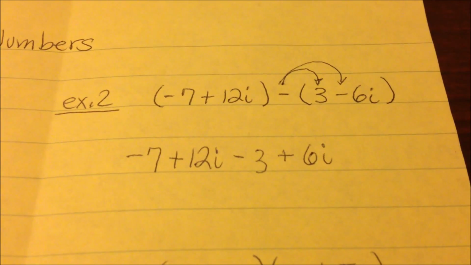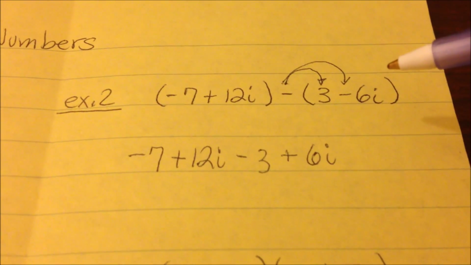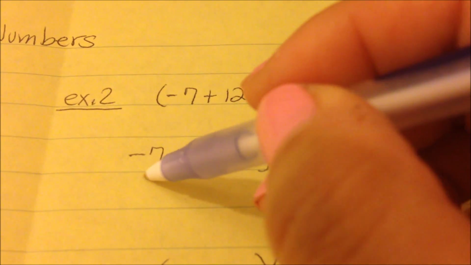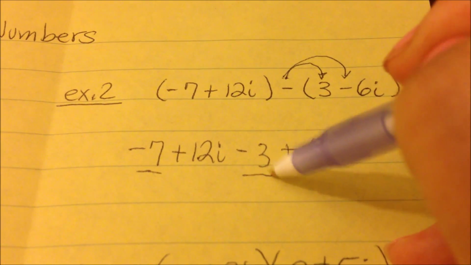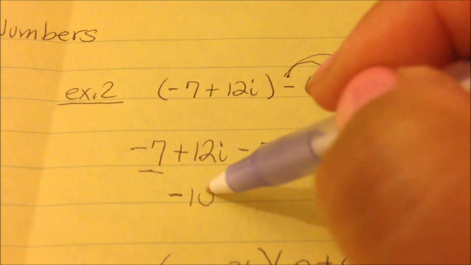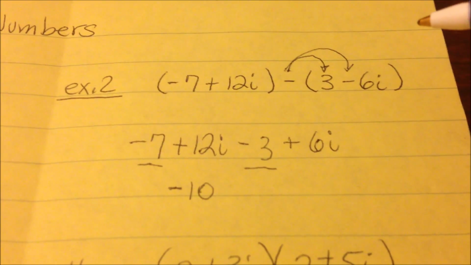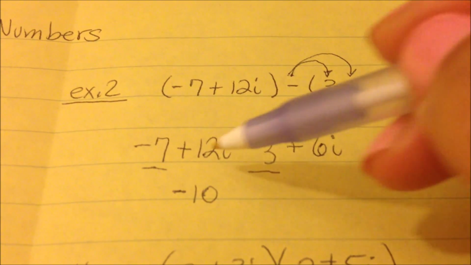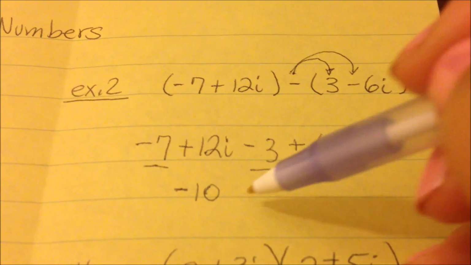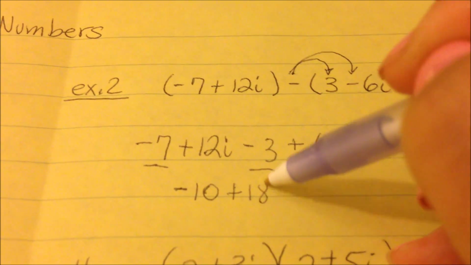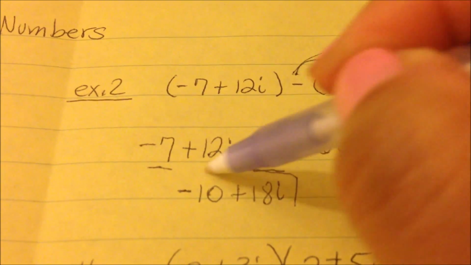Okay, so now from here, I drop all my parentheses so I can combine my terms. I'm going to combine all the real numbers, which is negative 7 and negative 3, giving me negative 10. And then combine the imaginary numbers, so that's the 12i and the 6i. We add those together, which gives us 18i. Okay, and that's your final answer right there.